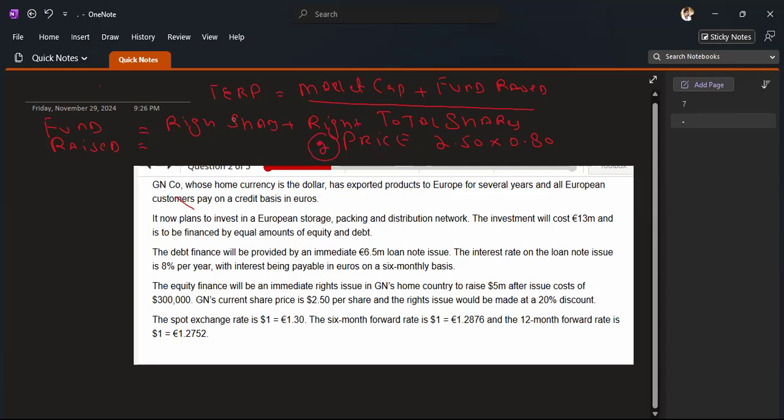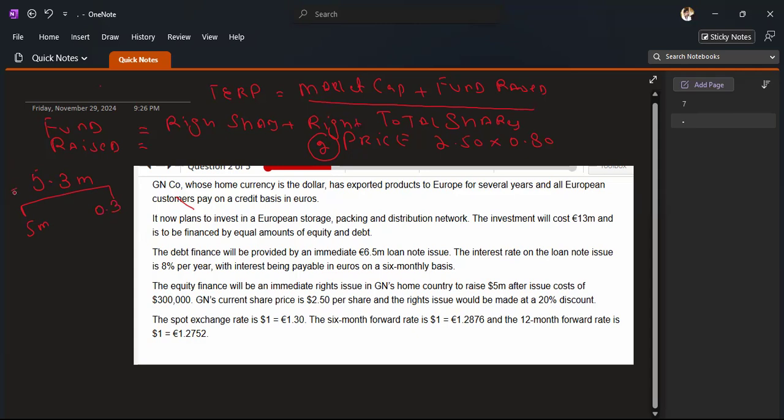Now you had to find the rights issue shares. How much do you have to raise? The 5 million after issue cost of 300. So the total will be 5 plus 0.3. The total you have to raise is 5.3 million. This 5.3 million is two things: 5 million is your finance which the company is going to raise with the help of the rights issue, but after issue cost of 300, the 0.3 is also there.